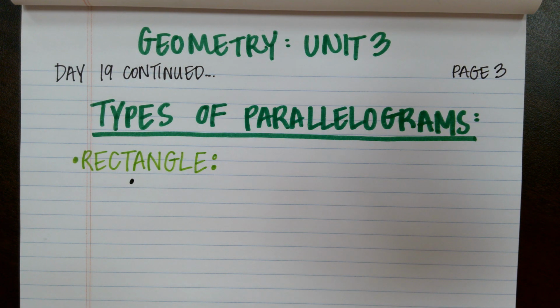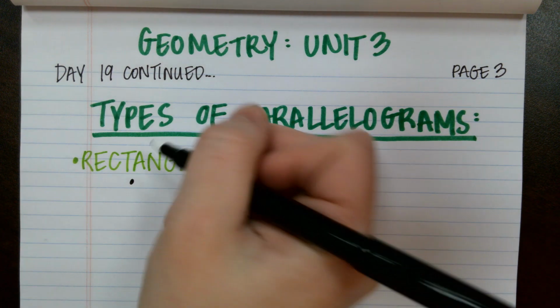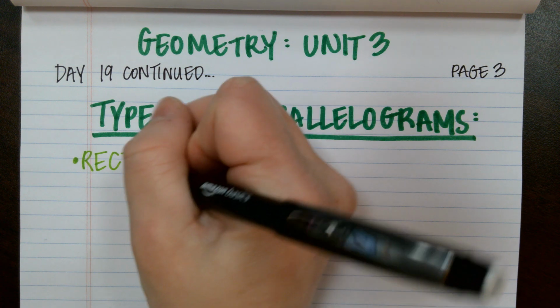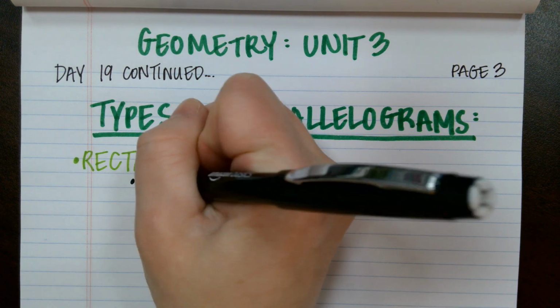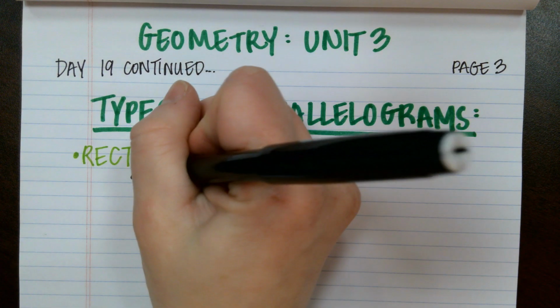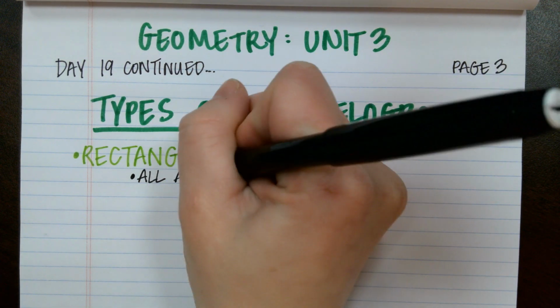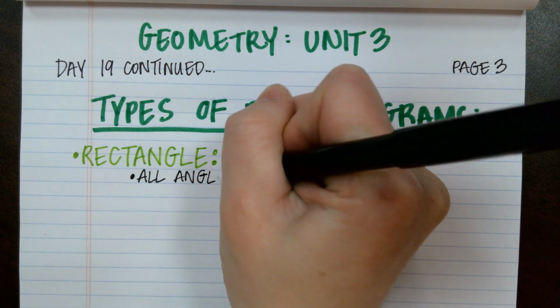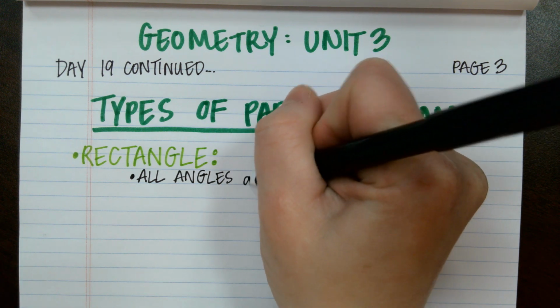So a rectangle is a parallelogram. Opposite sides are parallel, opposite sides are equal, all of that. The diagonals bisect each other, same requirements. But the other thing about a rectangle is that not only are opposite angles equal, but all angles are 90 degrees.